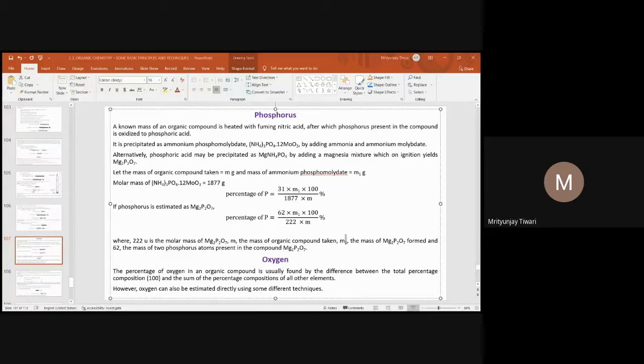The mixture is then passed through warm iodine pentoxide, I2O5. Carbon monoxide is oxidized by iodine pentoxide to carbon dioxide, and it also produces iodine.